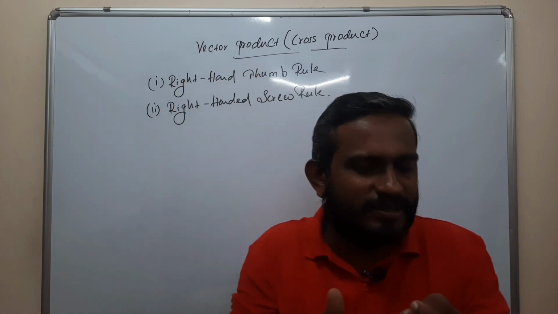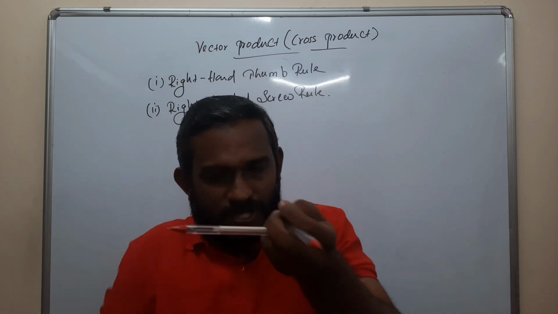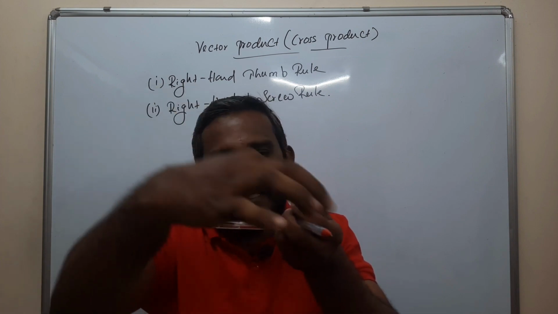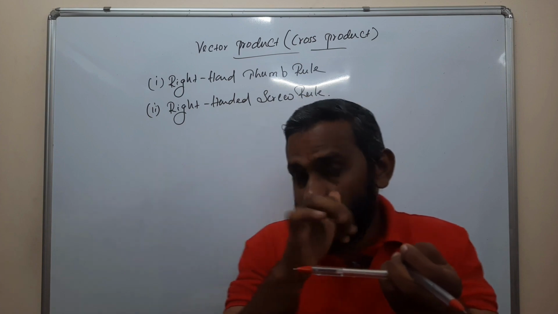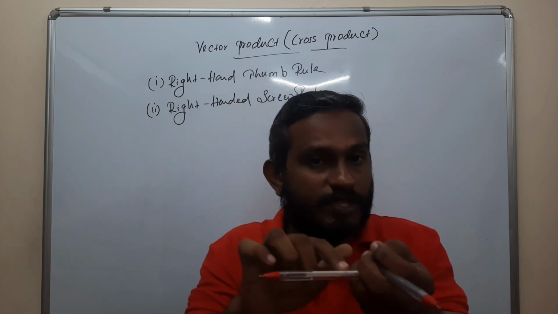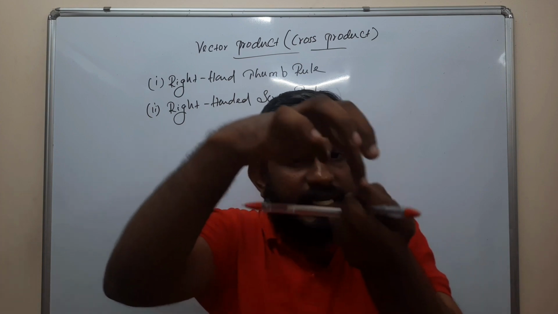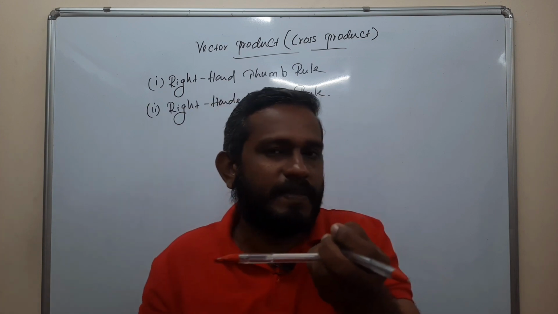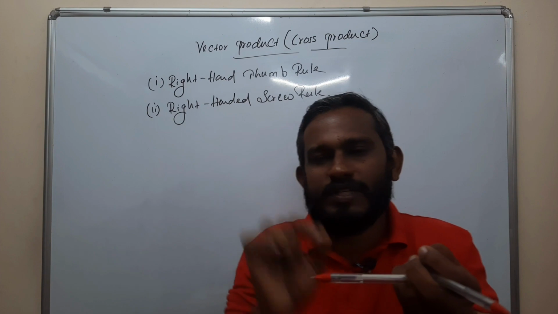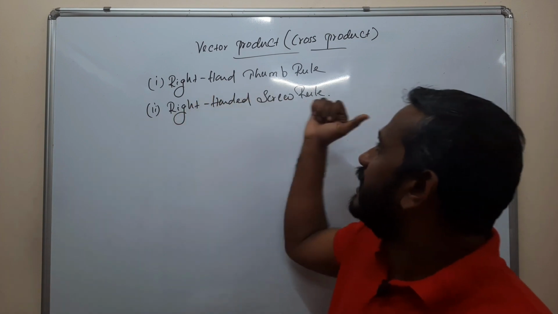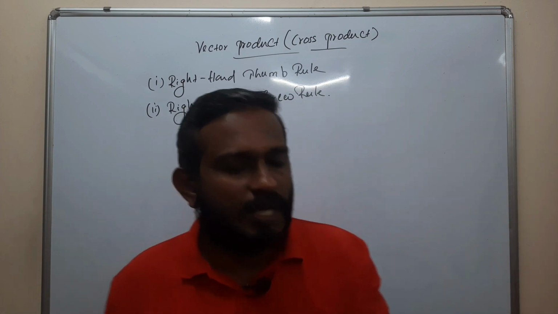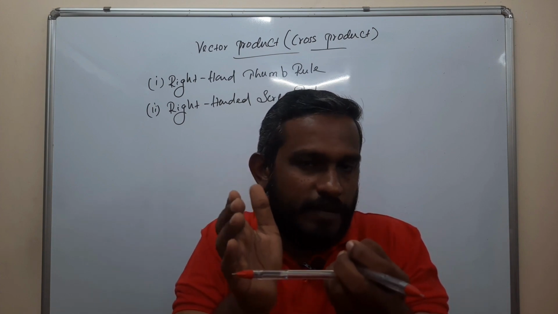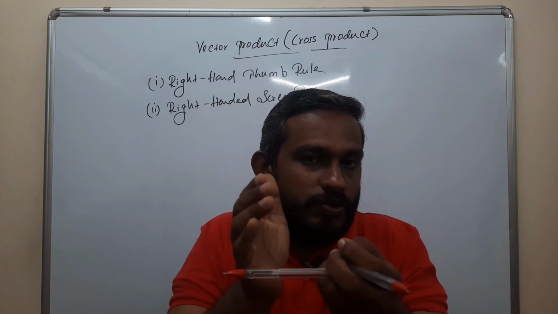Okay, understand or not? So this is a plane, and two vectors are lying in this plane, A vector and B vector. We have to find the cross product of these two vectors, which are inclined at an angle theta. What is the direction of the unit vector we have to find? According to the right-hand thumb rule, curl your fingers from the first vector to the second vector.